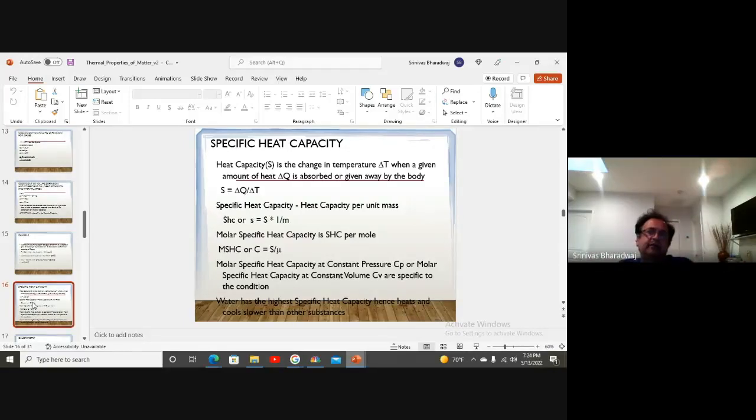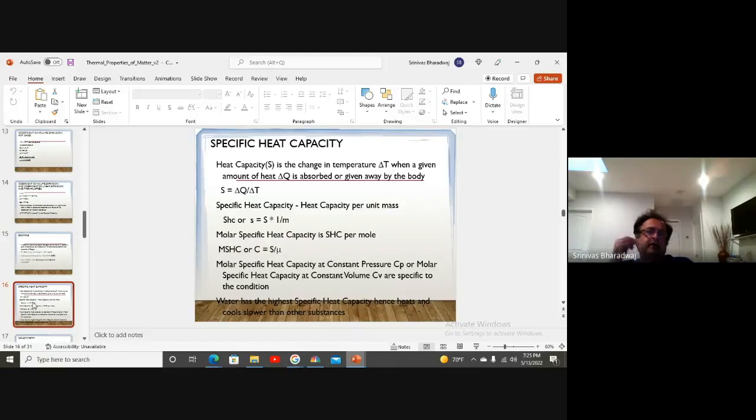Heat capacity is delta Q by delta T. Specific heat capacity is delta Q by delta T per unit mass. So you have delta Q by M delta T. So Q equals M S delta T, where delta T is the temperature change. Q equals M S delta T, you must remember.